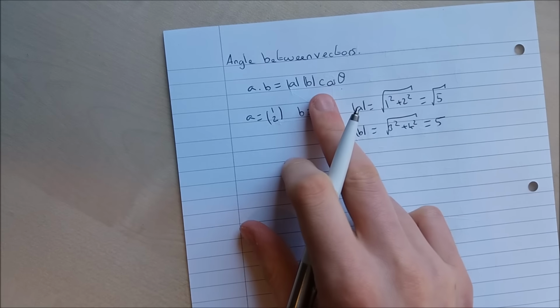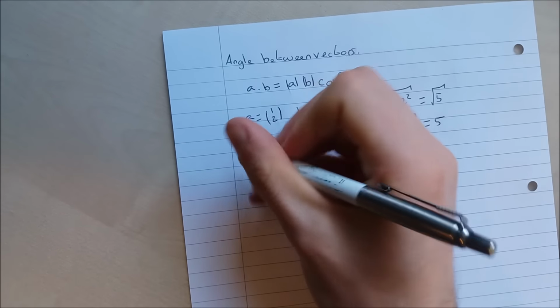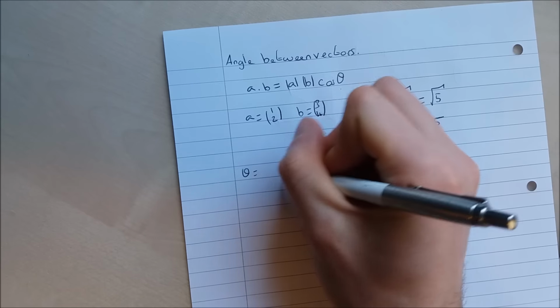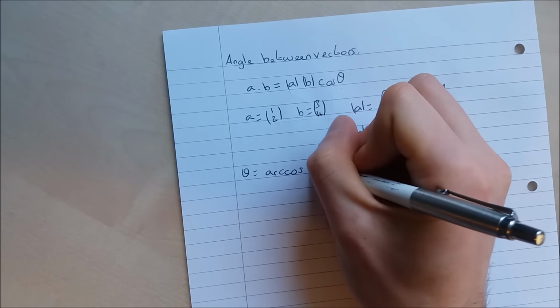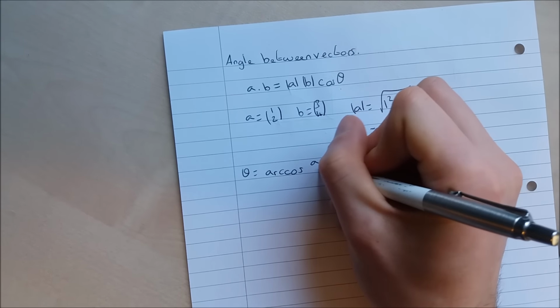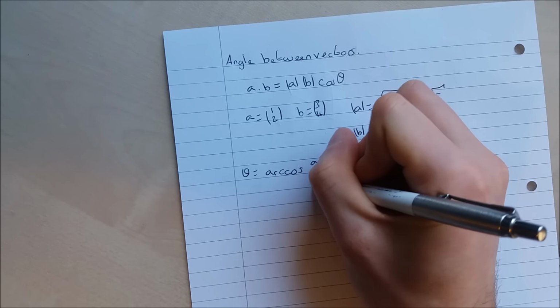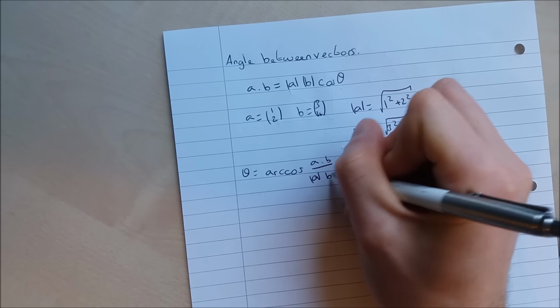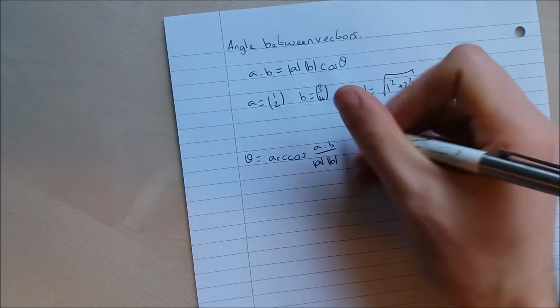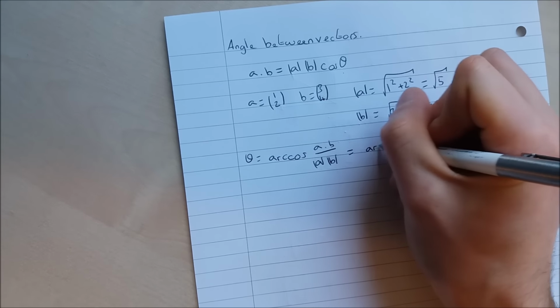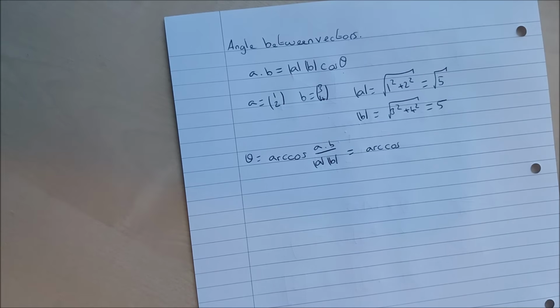Then if you rearrange this formula to theta equals arc cos of a dot b divided by the magnitude of a times the magnitude of b, and then sub in these numbers, you have arc cos of a dot b.